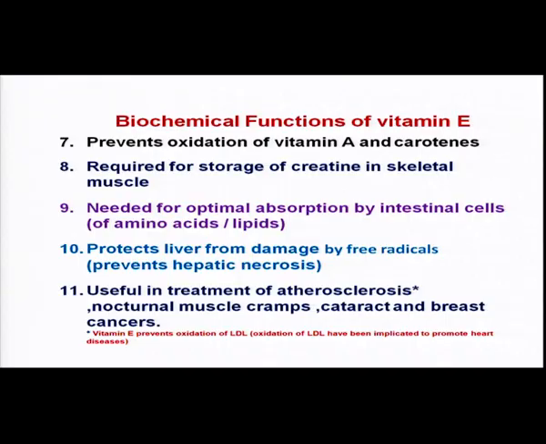So atherosclerosis is one of the primary causes of coronary artery diseases and all cardiac-related insufficiencies connected with blood vessel anomaly. So vitamin E is useful in the treatment of atherosclerosis.